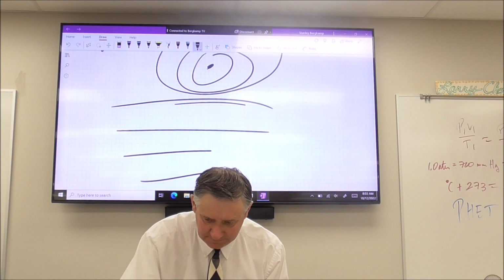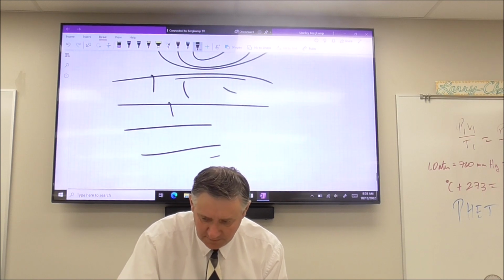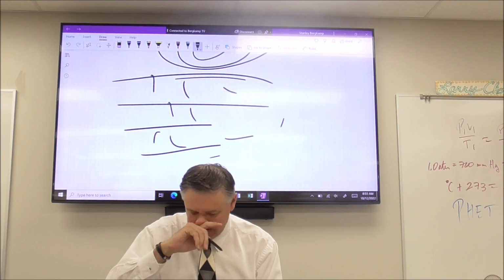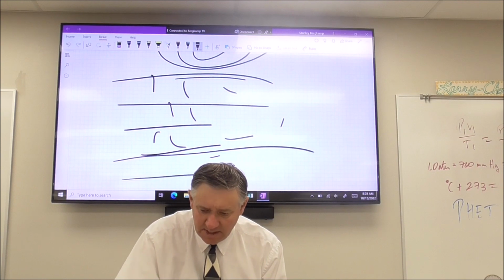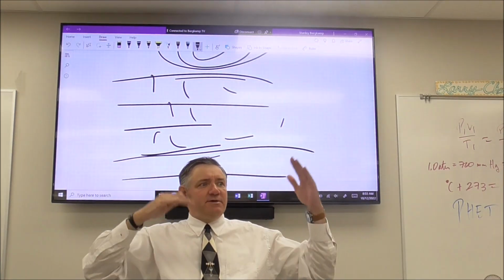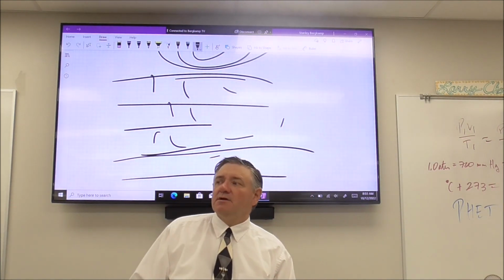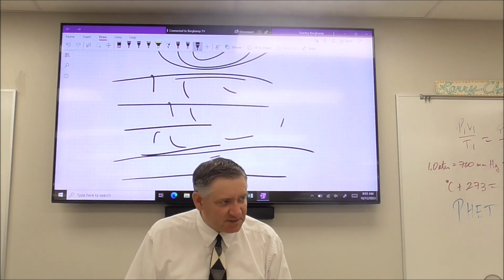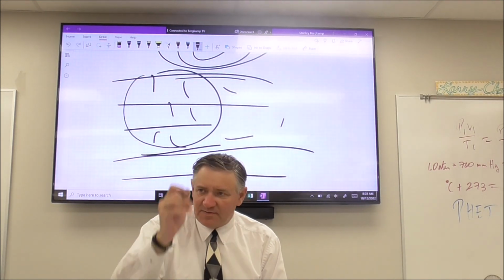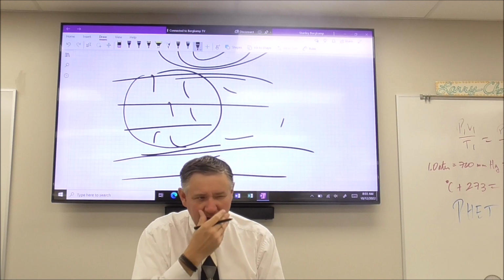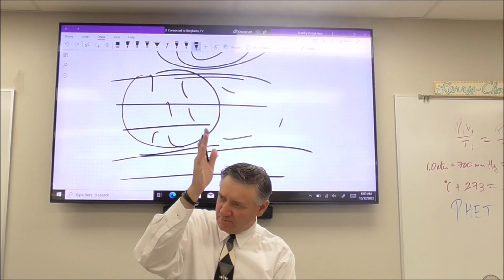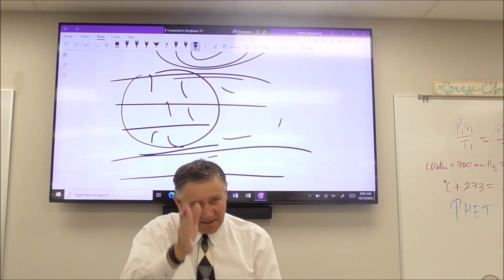This unknown down below is a mixture of 2 of these. So if you want to know what's in there, and some of these are pretty close together, you might have to take a straight edge or a piece of paper and make sure that they line up.